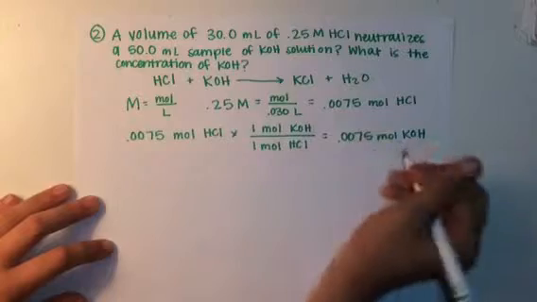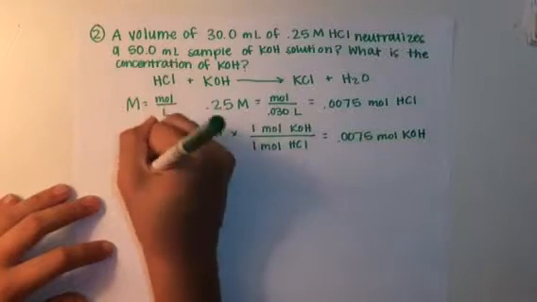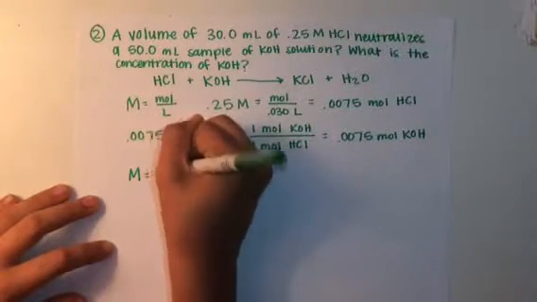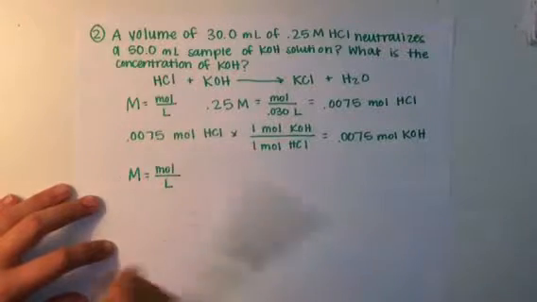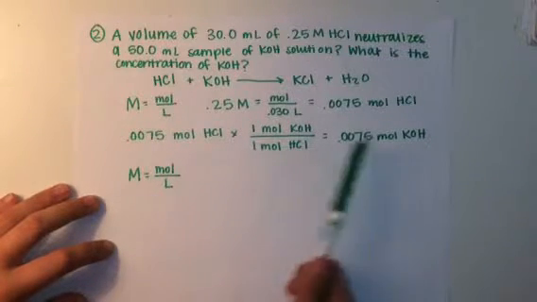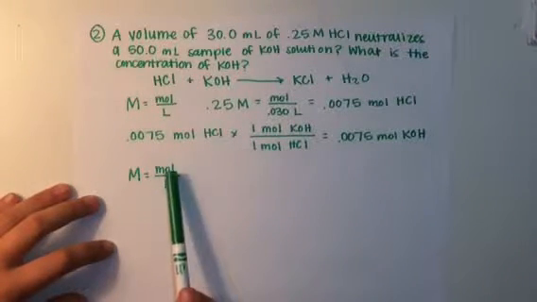So we take these moles and plug them into the equation once again to find the molarity of KOH, because now we have its moles and its liters.